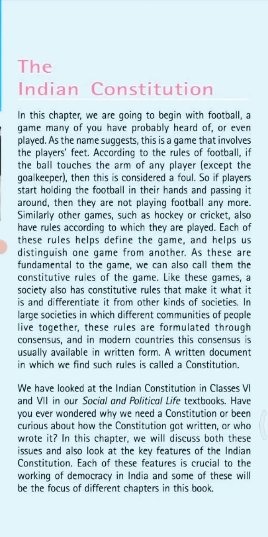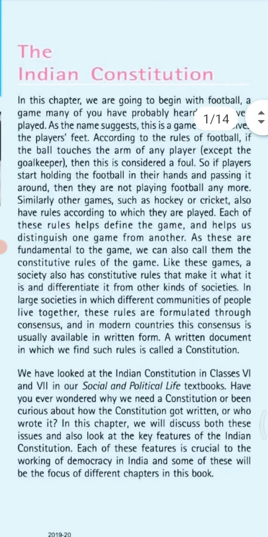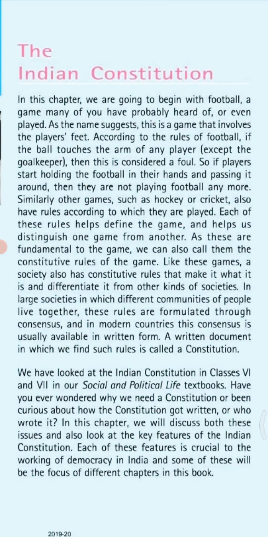Like these games, a society also has constitutive rules that make it what it is and differentiate it from other kinds of societies. In large societies in which different communities of people live together, these rules are formulated through consensus.